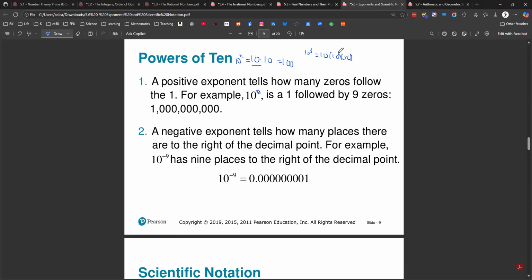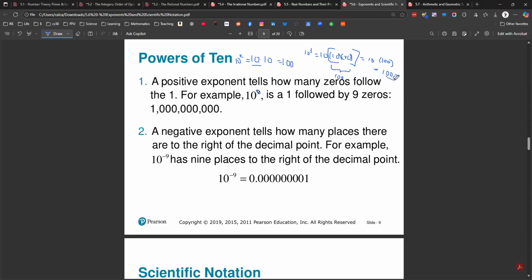Now, if I use the associative rule of real numbers, I've already done this one. This is 100. That's what we just did. And so this is saying that I have 10 copies of 100. 10 copies of 100 is 1,000.